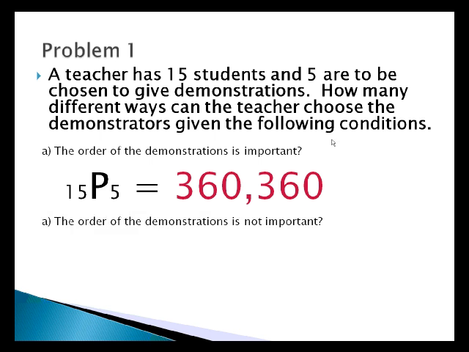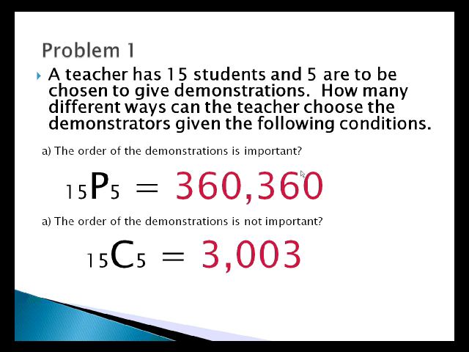Or even easier, what could I do? 15 choose 5, and we will get 3,003. But I want you to understand how these work together. The permutations is all the options, but once I don't care how those 5 are ordered, I divide out all the arrangements of 5. And that's where this 3,003 comes from.